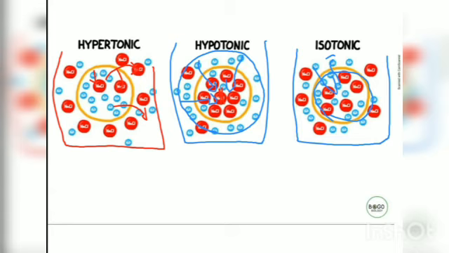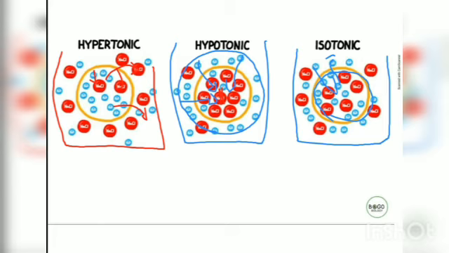Water molecules remain the same, and the sodium chloride concentration also remains the same, so there will be no movement of water molecules either from the solution or from the cell, so the cell size will remain intact.